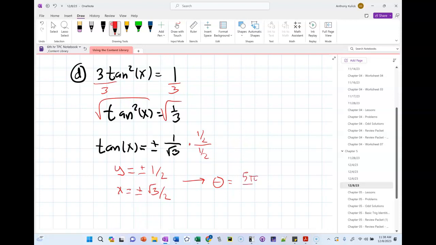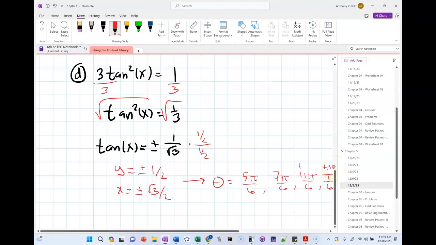Okay. Yeah, okay. 11 pi over 6, and then the last one is pi over 6. So this is both of them positive. This is x is positive, y is negative. This is both of them negative. This is x is negative, and then y is positive.